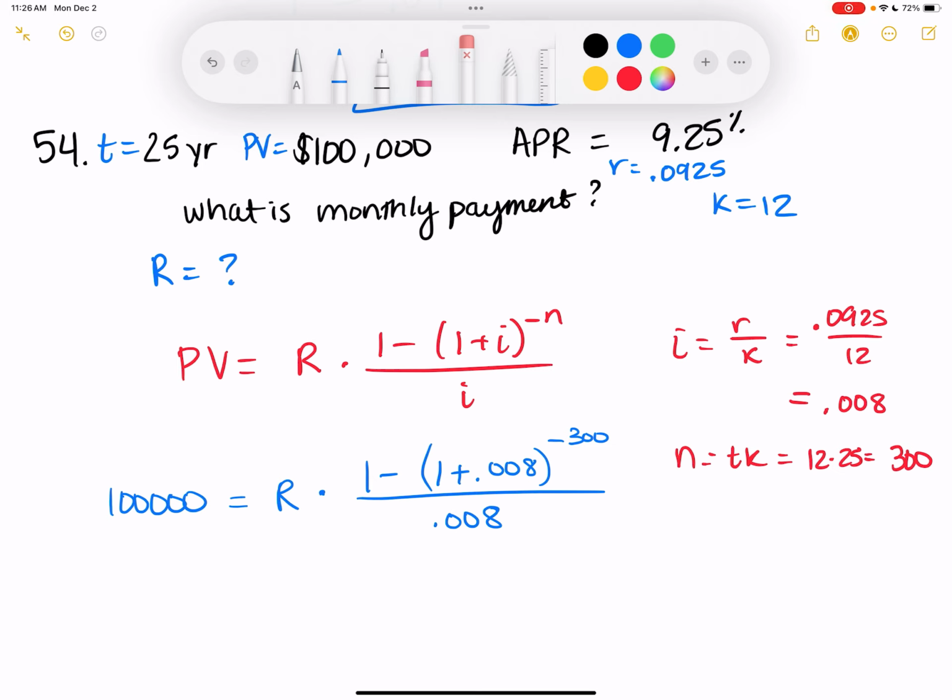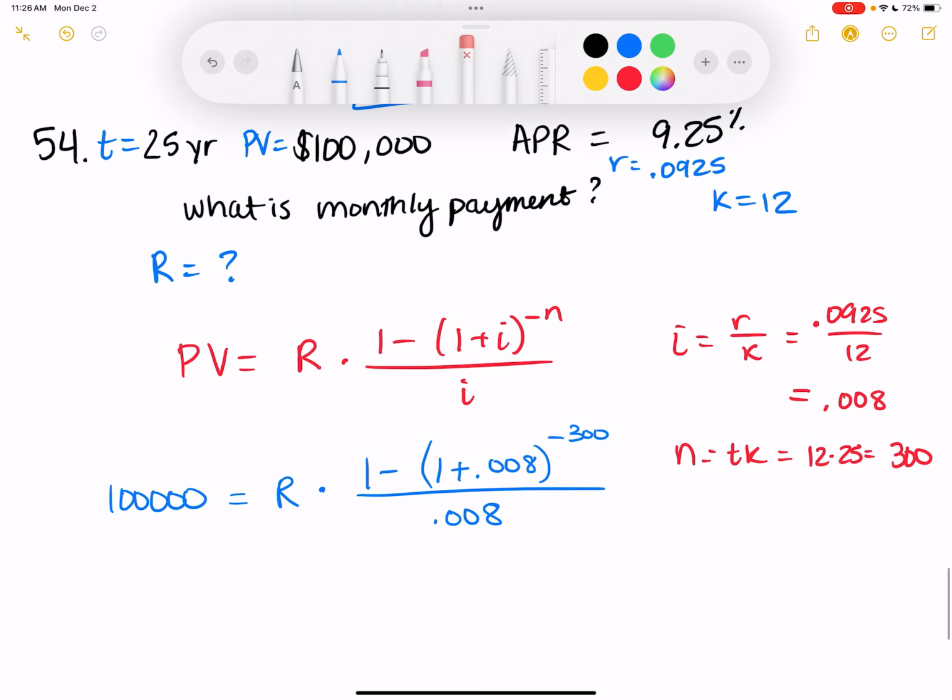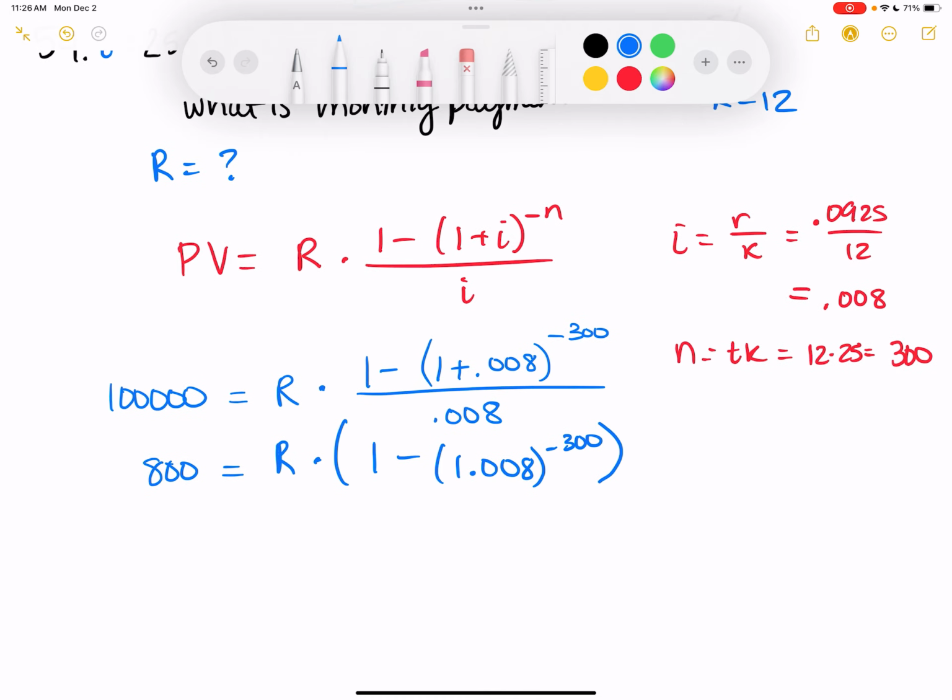It's 800. So 800 equals R times all this stuff that's left on the top: 1 minus 1.008 raised to the negative 300. Figure out what this number is equal to, and then do 800 divided by that number. If you want to do it as a fraction, you can do 800 over 1 minus 1.008 to the negative 300.